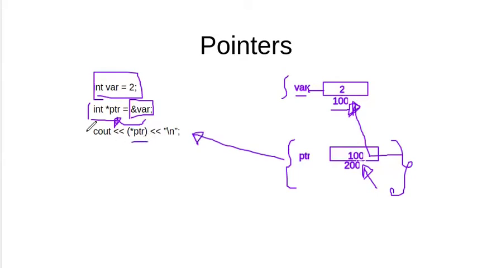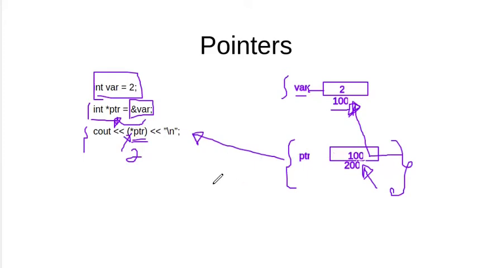If I ask you to print the value of the variable var, it will be printed with the help of this line. It will print the value 2. Why? Because this asterisk is called the dereferencing operator. Dereferencing means that whatever value is stored at the address the pointer is holding, we print that value.